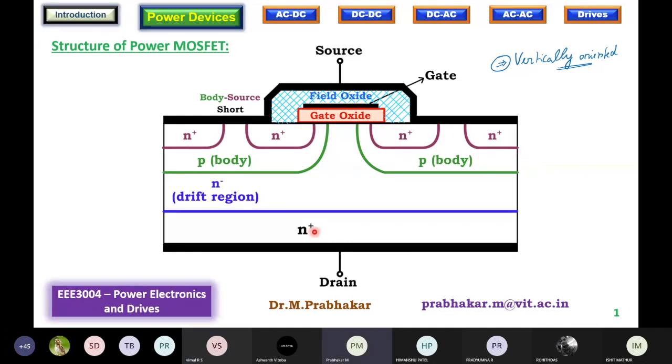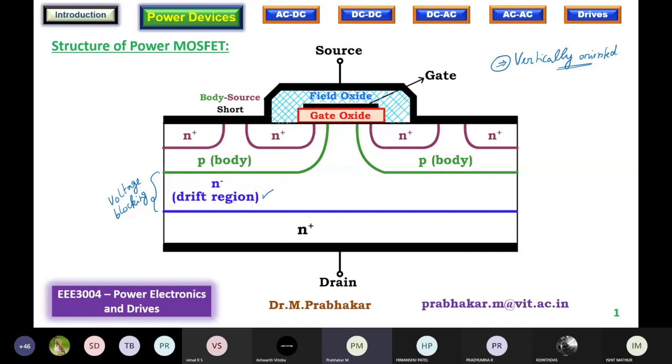Fine. So you will have an N plus substrate, obviously the heavily doped layer, and then the N minus drift region. Again, the obvious fact is that the thickness of the N- drift layer will determine the voltage blocking capability. Please remember that I have indicated the N- drift region here.